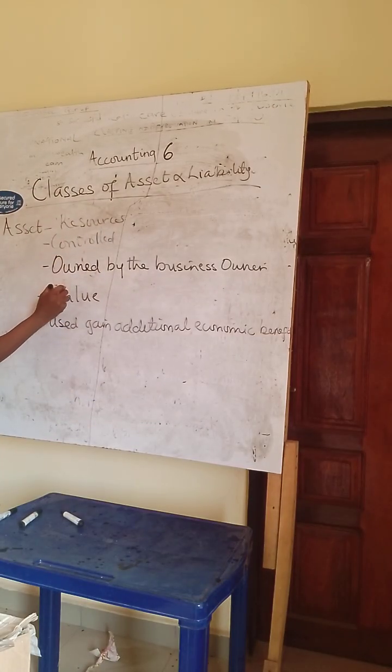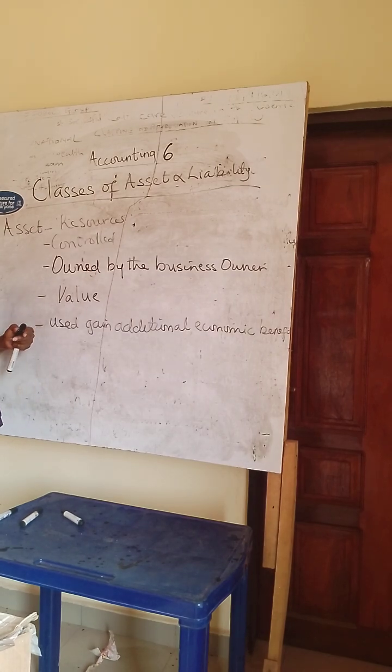These are the five characteristics of an asset. One, two, three, four, five. They are resources, first of all. They are controlled, they are owned by the owner of the business, they are valued, and they are used to gain additional economic benefits. They are resources, meaning they are things that are important to you, things you're going to use. When something is a resource, it is of benefit, and you use that thing to also get more money.